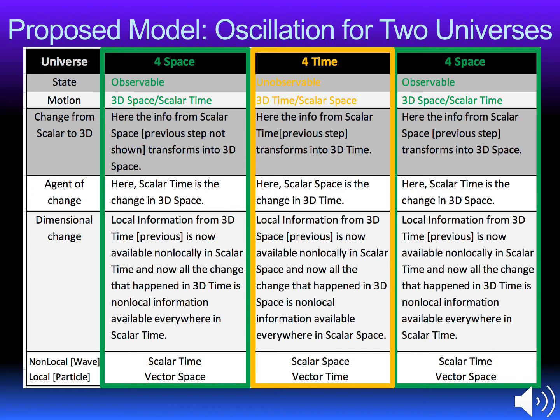So if you want to change the properties of time, scalar space, you need to do it when the universe, or matter, is in the 4-time state, because now time has 3 dimensions and you can change its properties, and then it flips into scalar time, and now it's available everywhere as scalar time, and will have a direct impact on motion, everything that happens in 4-space once that is changed.